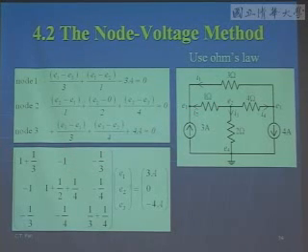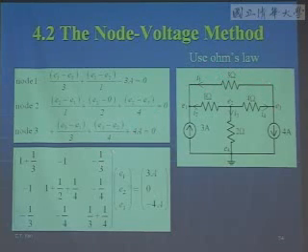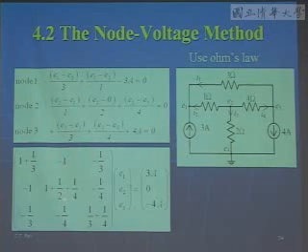Similar for 1, 3, node 1 and node 3. Only one resistor connects between node 1 and node 3, which is 3 ohm. So we have 1/3 mho or Siemens, and again with a minus sign here. And similar for 2, 3.